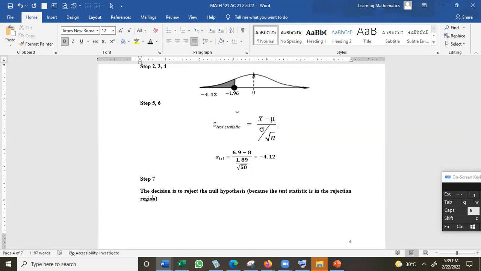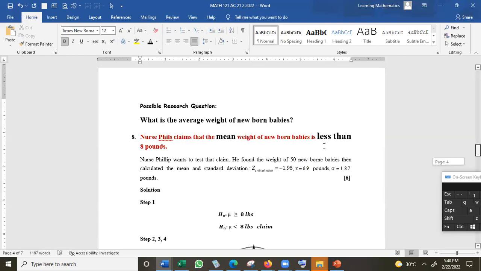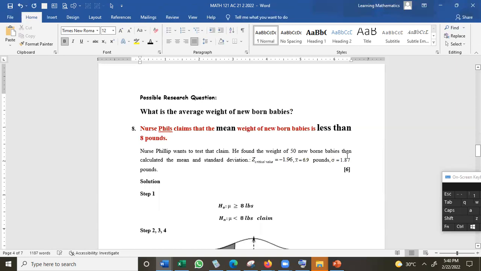Remember what I said, this is not difficult, but it's kind of cognitive. You are reasoning. Testing a hypothesis, but using numbers to do that, using sample statistics. We use the 8, we use the 6.9, the 1.87, the 50 to test what she said.